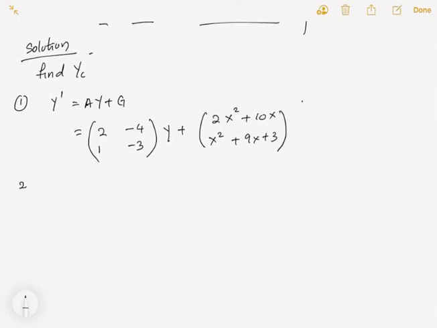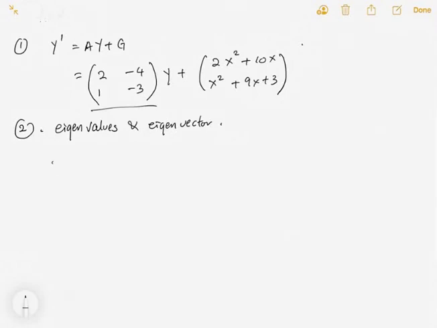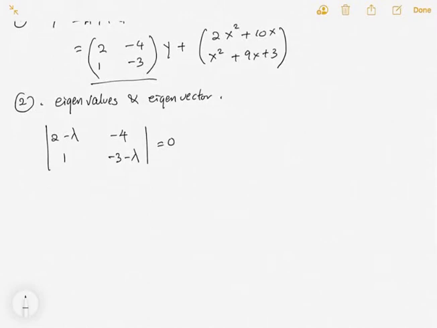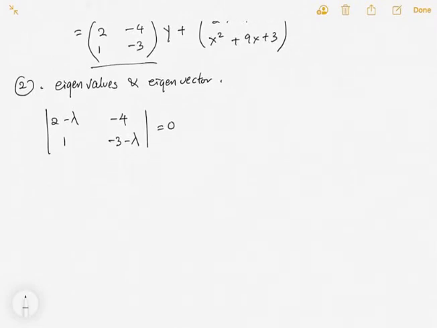Then second is to find the eigenvalue and eigenvector. From A, you have 2 minus lambda, -4, 1, -3 minus lambda. So you have 2 minus lambda multiplied with -3 minus lambda, minus -4 multiplied with 1, equals 0.